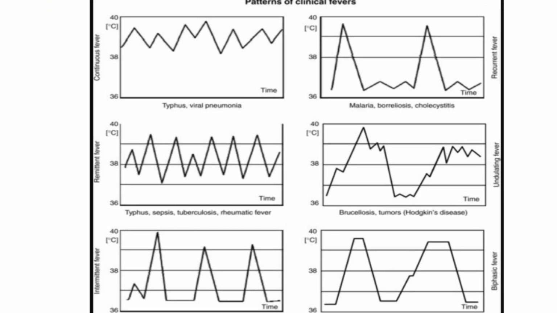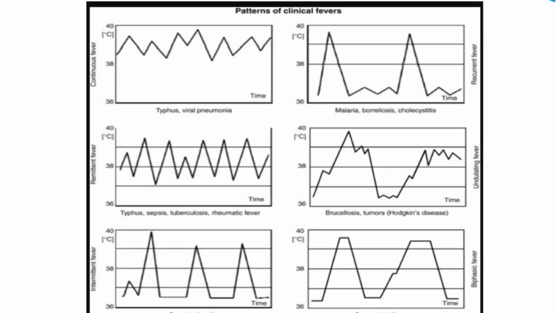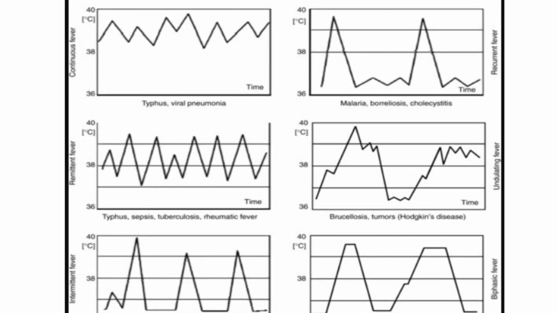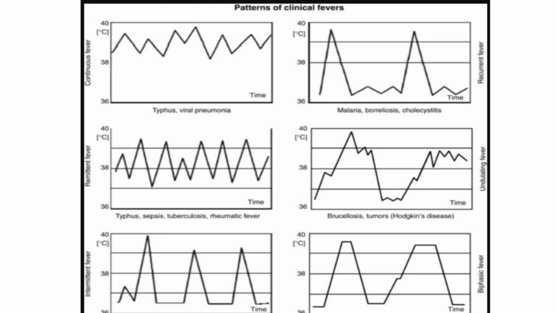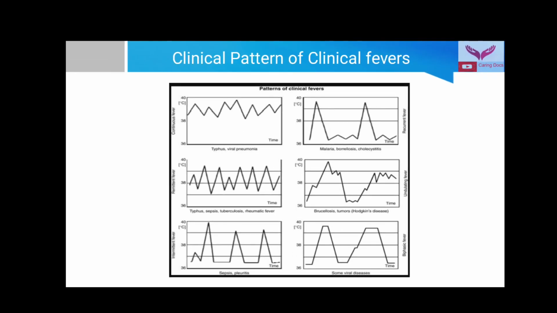Then we have intermittent fever seen in pleuritis, sepsis. Coming to the second column, first is recurrent fever seen in malaria, brucellosis, cholecystitis. Then we have the undulating type of fever seen in brucellosis and tumors like Hodgkin disease, and some viral infections may have biphasic fever.